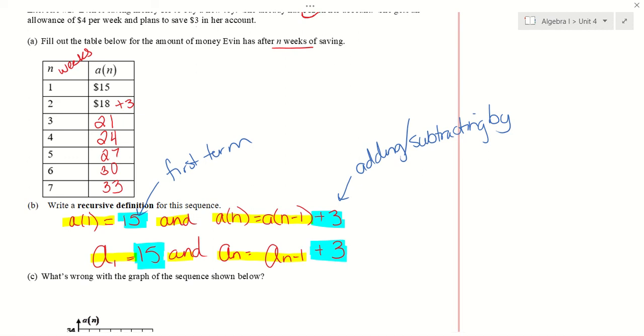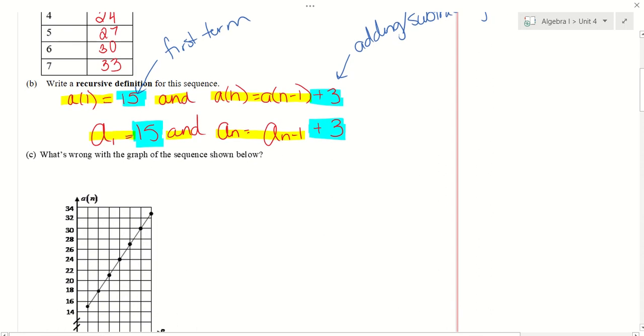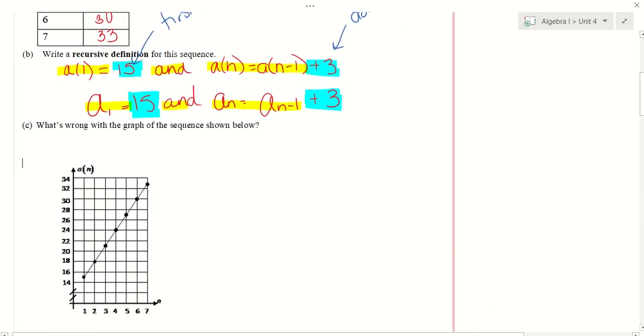So then they went ahead and graphed this. But our question, letter C, says, what's wrong with the graph of the sequence? Think about connecting all the dots. If you connect all the points, you're telling me that something in here exists. Is she ever putting away money? Because this is our weeks down here, right?